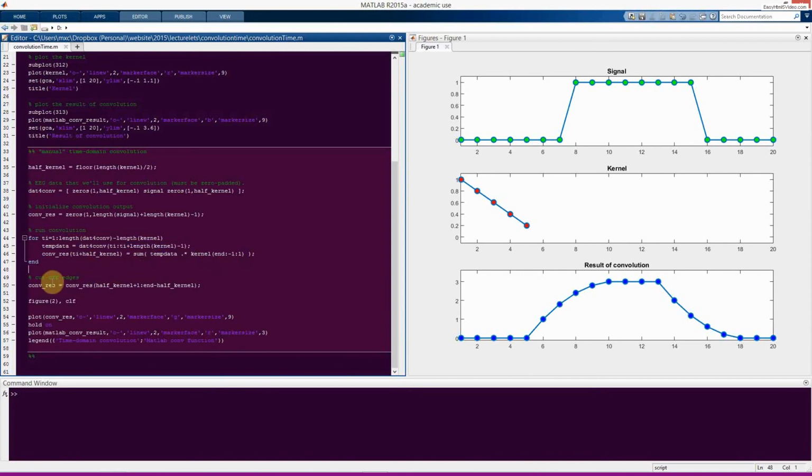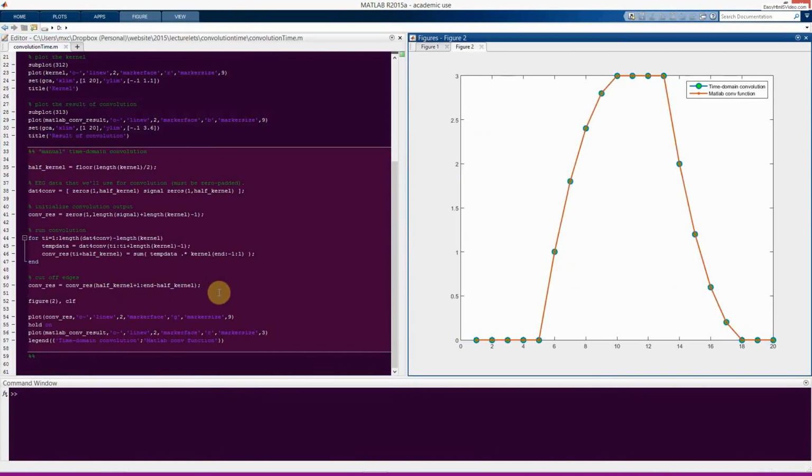Okay, and here at the end, we are going to cut off half the length of the kernel from the beginning of the convolution and half the length of the kernel from the end. And now we can make a plot. This just shows that the result of our time domain convolution closely or perfectly matches the result of the MATLAB conv function.